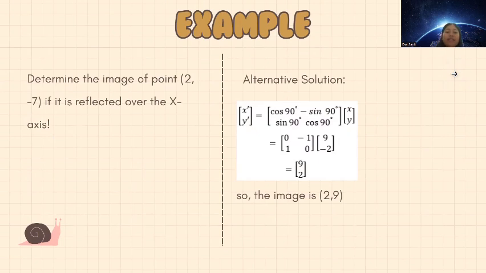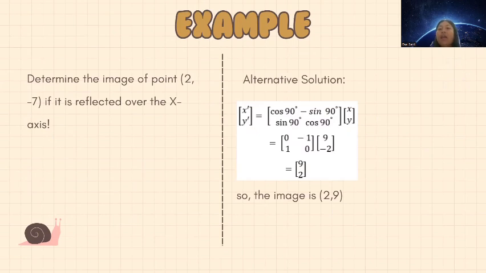Next example, determine the image of the point (9, -2) under rotation about (0, 0) by 90 degrees.